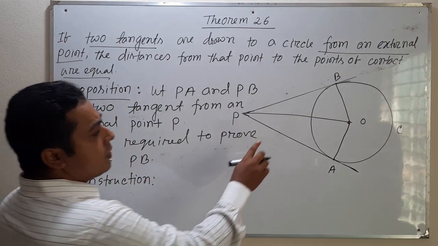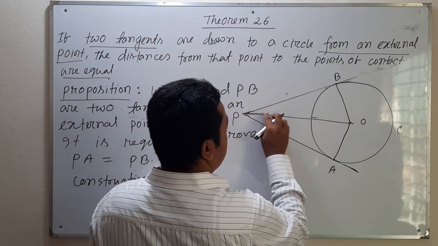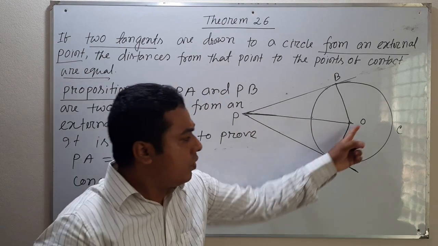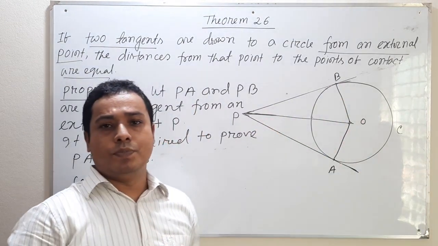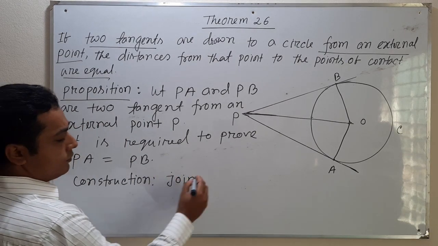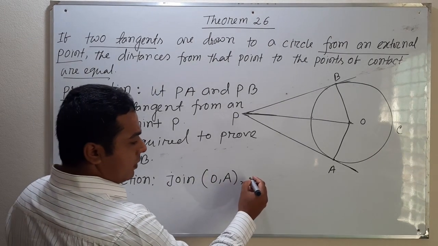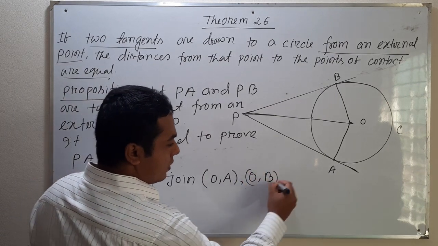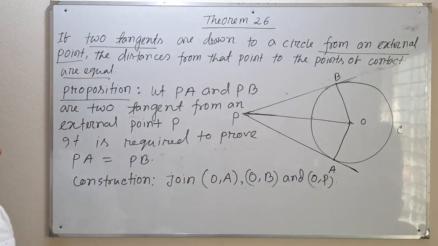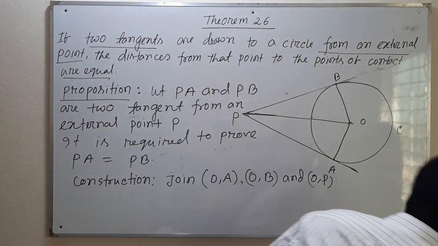We have to join the three: O, A and O, B and O, P. This is our construction. Now our steps of proof.